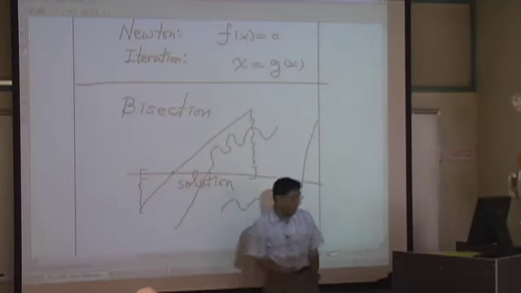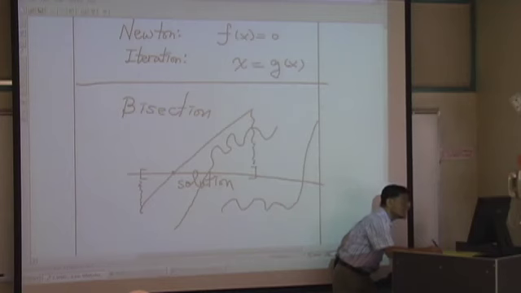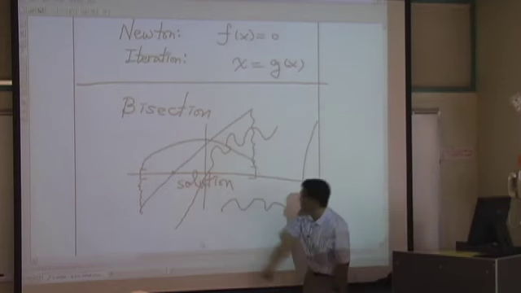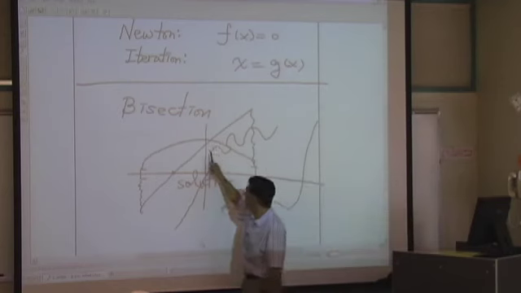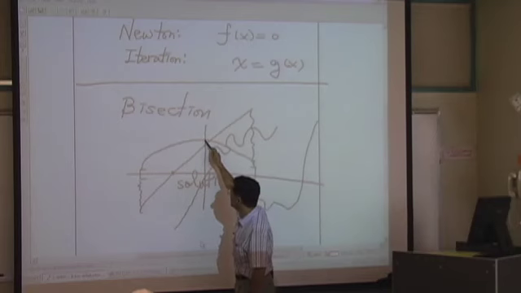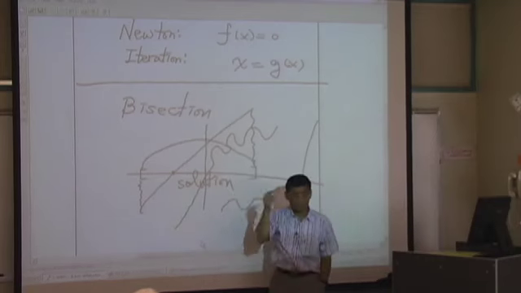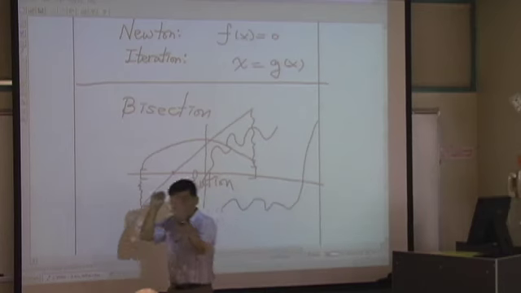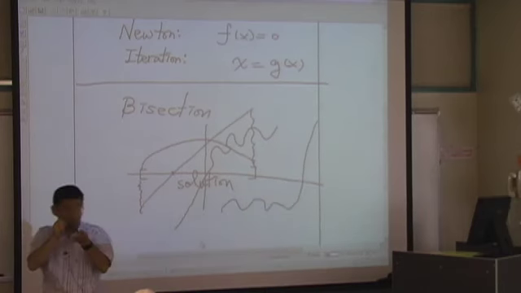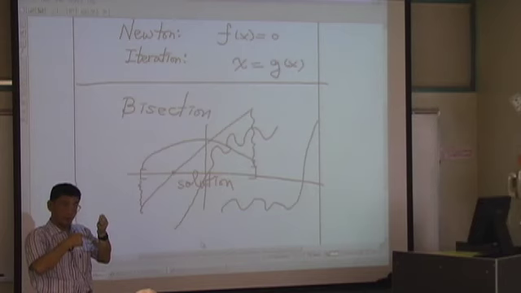We have this interval, it is bisected, right? Then we check whether at this half point it is 0, or over, or under. So the only check we do is whether it is the solution itself, or over, or under.